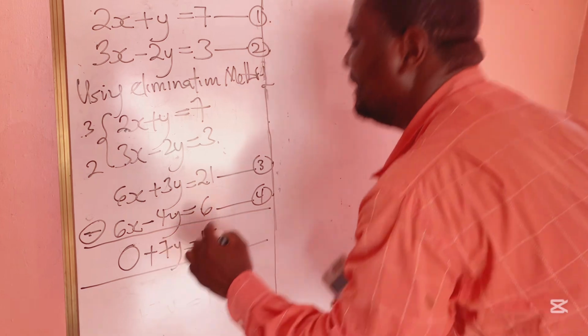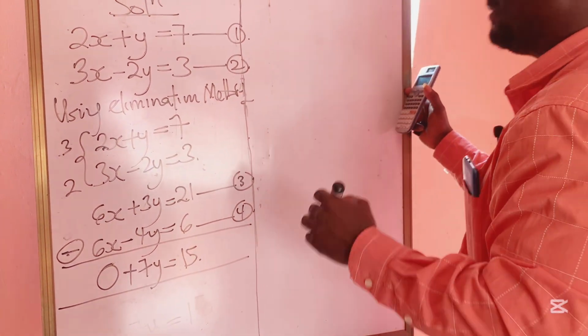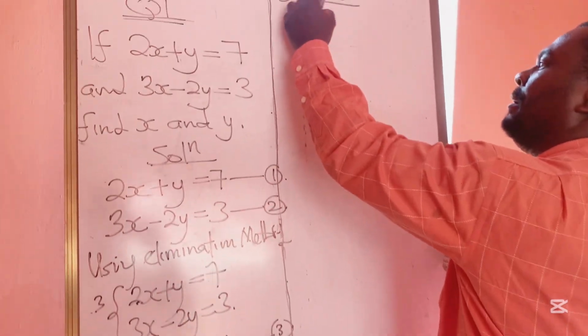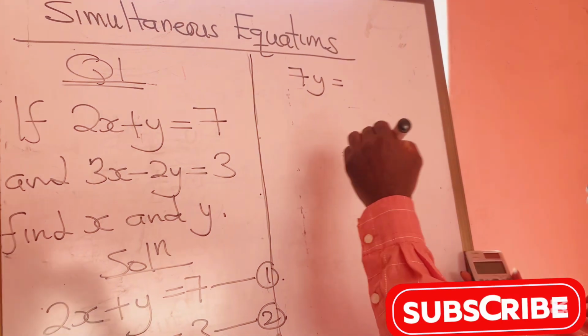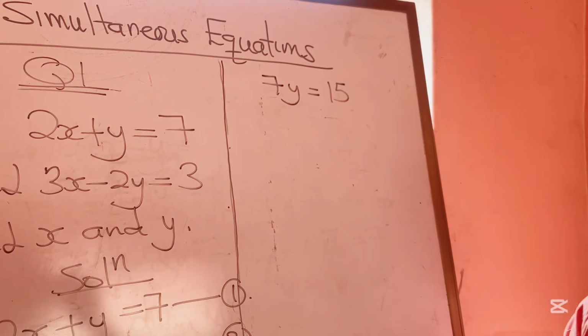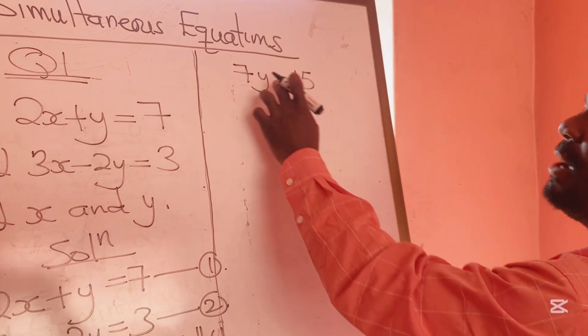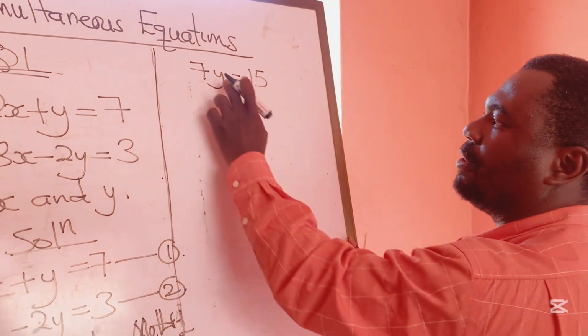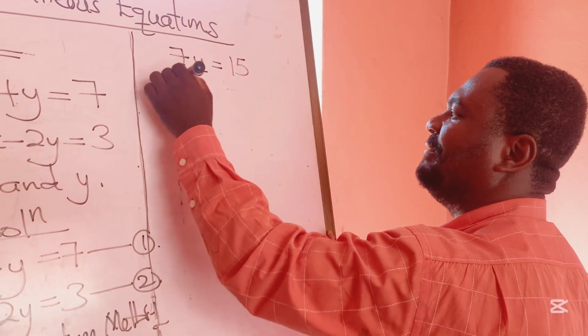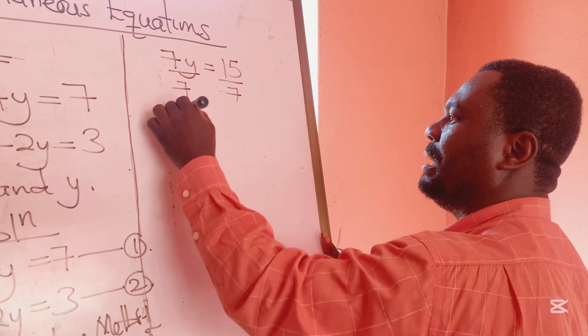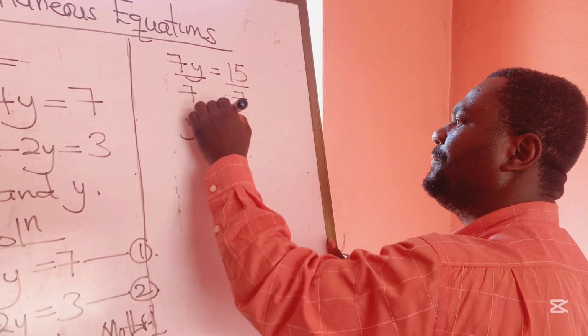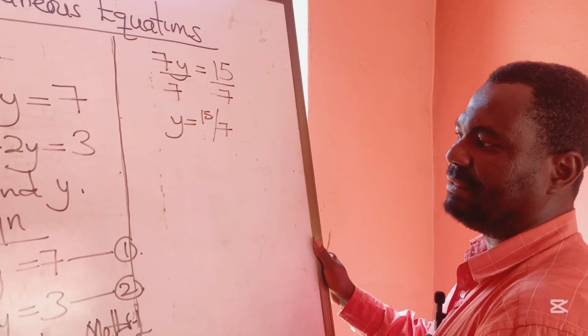So now the equation is 7y equal to 15. We get a simple linear equation. To make y the subject, or to solve for y, we have to divide both sides by 7. Our y is now 15 on 7.